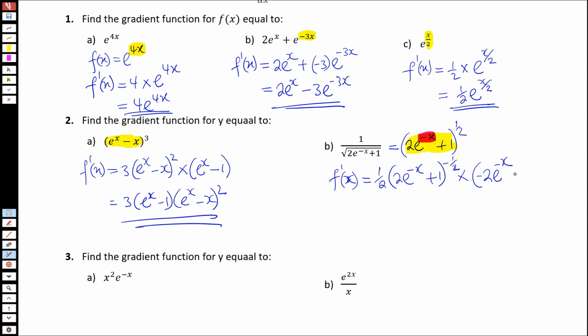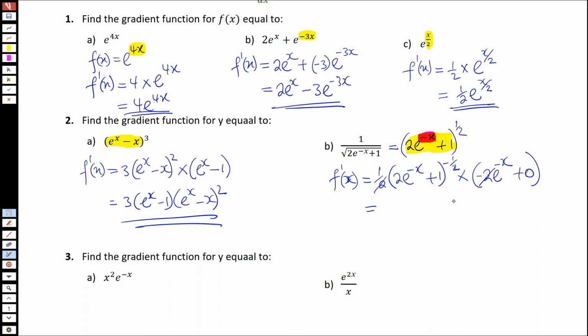And then, of course, that will just be plus 0 because the derivative of 1 is just 0. So the resulting solution will be, now here, the 2 and the half cancel each other out.